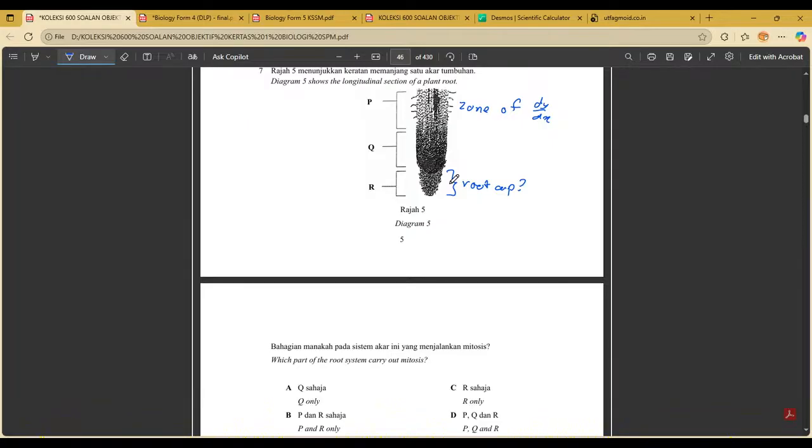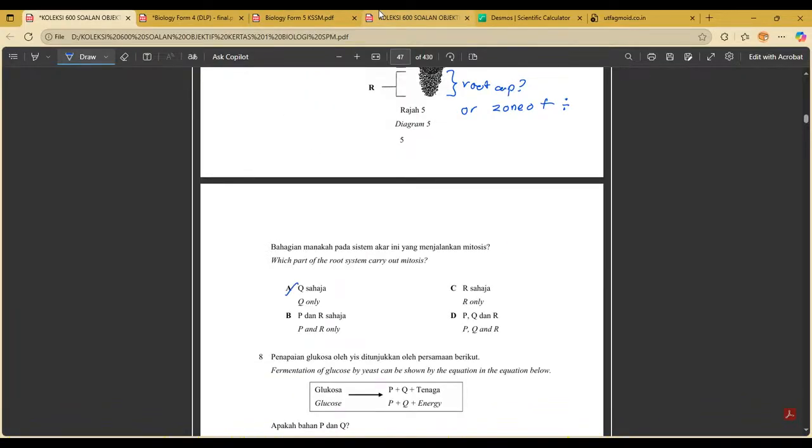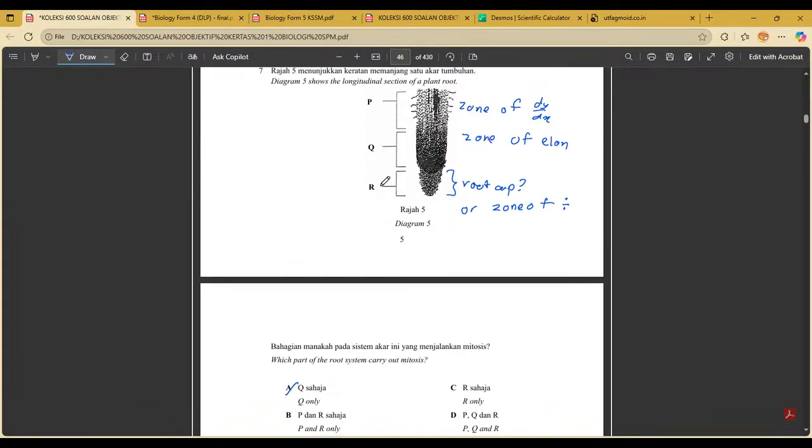Sometimes questions like this are confusing. Is this supposed to be root cap or zone of cell division? This is definitely zone of elongation. Since there's no R only, I will say it's Q only. The answer says, survey says, 7 in. So R is root cap.